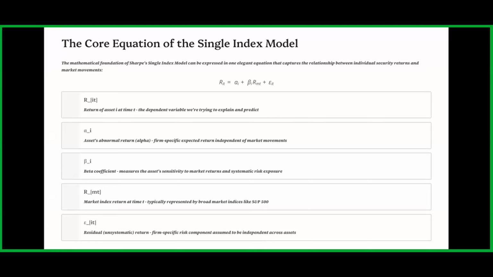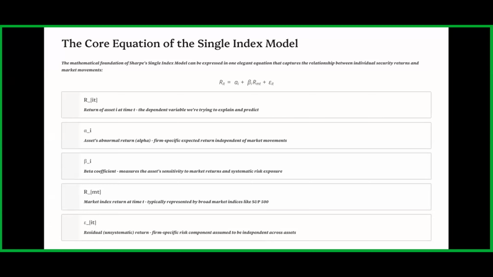That is R_Mt, plus e_it. e_it is a residual unsystematic return, a specific risk component assumed to be independent across companies. So e_it is a residual unsystematic return for company i at time t.